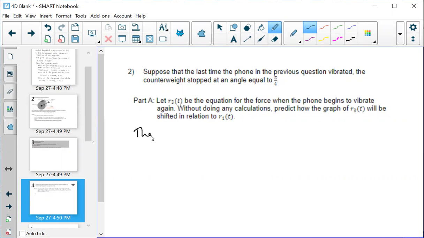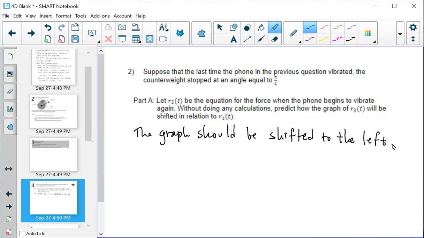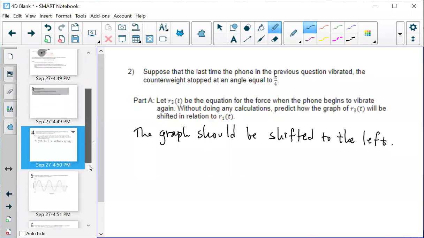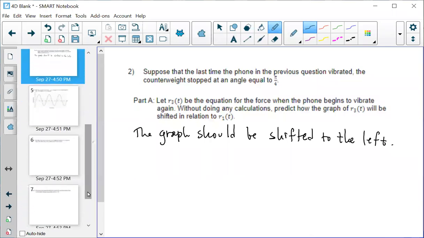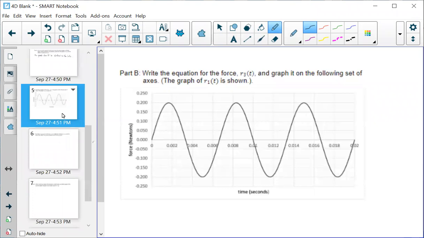So we could say the graph should be shifted to the left. Part B. Let's write the equation for the force R3 and graph it on the following set of axes.